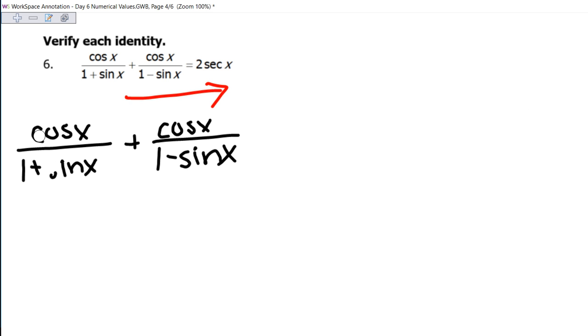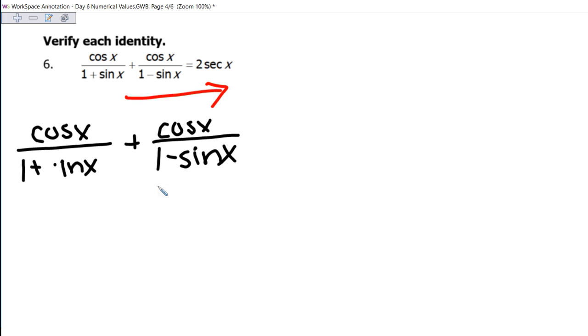Now, it's been a day or two since we've done some of these verifying problems. So when we are working these proofs, what are some things we can do to solve these? Convert everything to sines and cosines, but that won't help us in this problem. It's already done. Look to see if there is a Pythagorean identity.